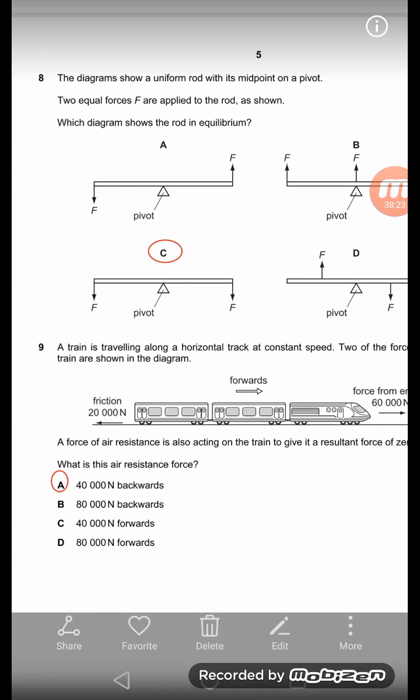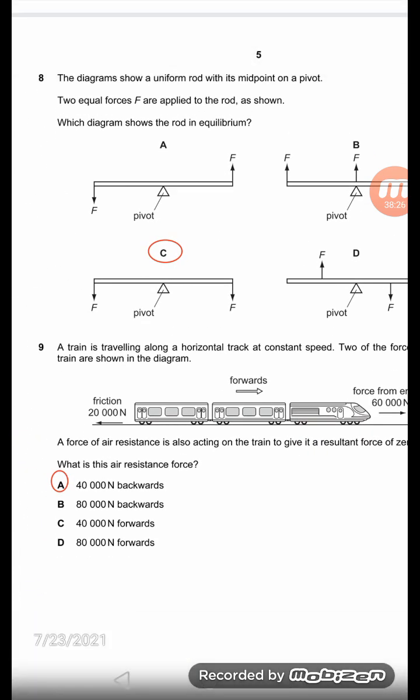The diagram shows equilibrium. The diagram shows a uniform rod with a midpoint on a pivot. Two forces apply to the rod. So see here in A, upward and downward, two equal forces are applied. Right.